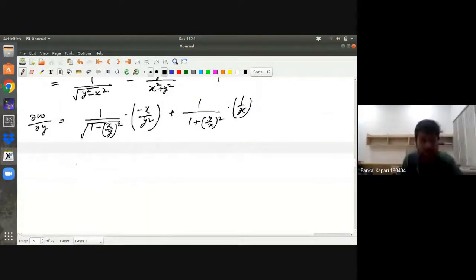Okay, what is that equal to? Now simplify this expression.